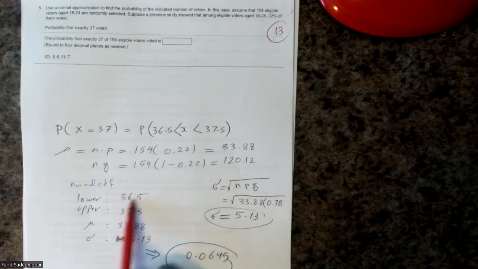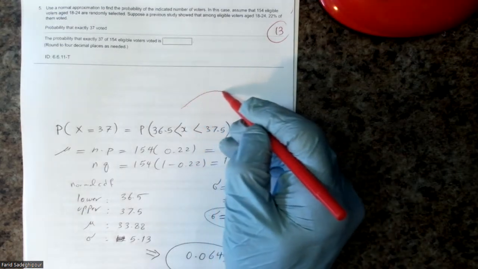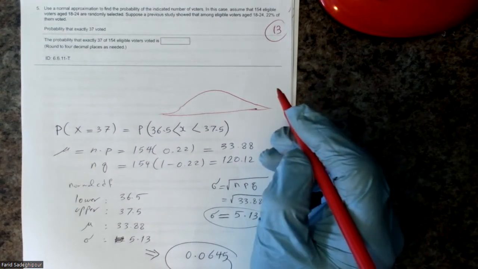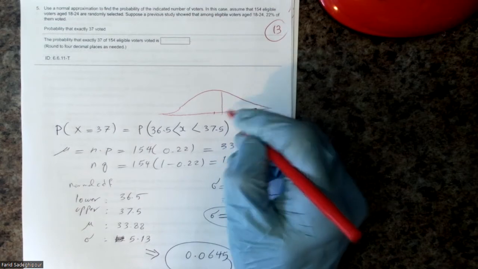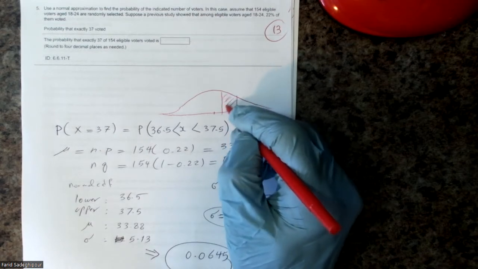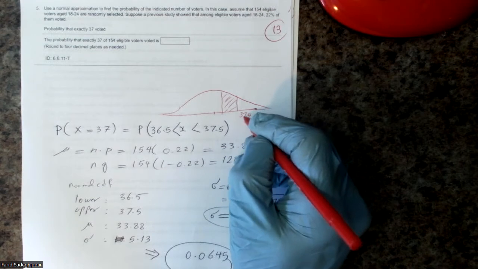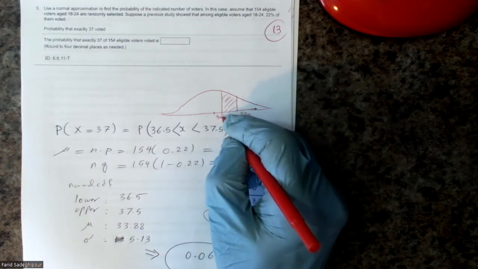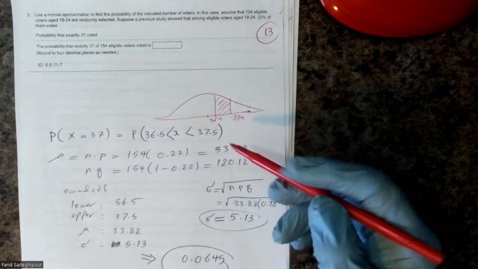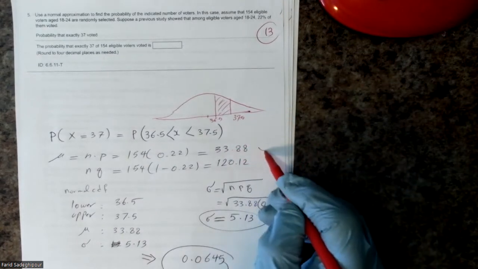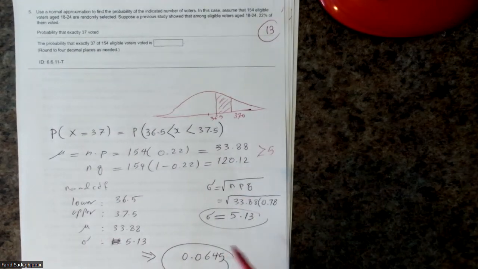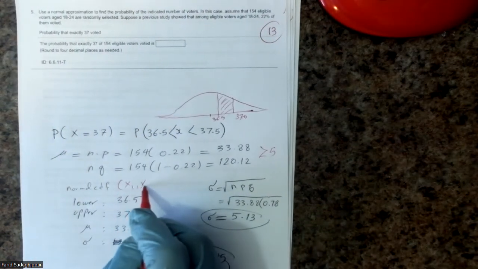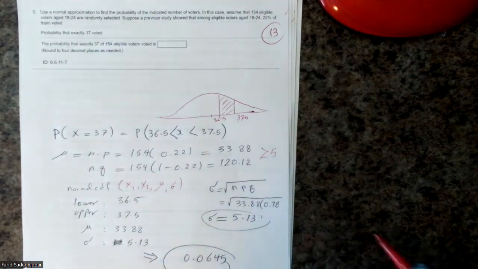And then you could use the formula. These are both ends. np and nq both are greater than 5. And then you use your calculator or normal CDF, which you have x1, x2, mean, and standard deviation.